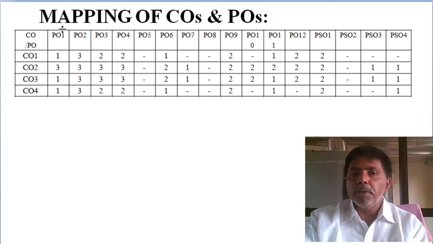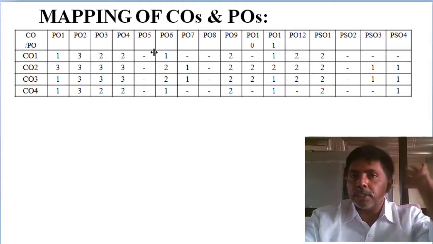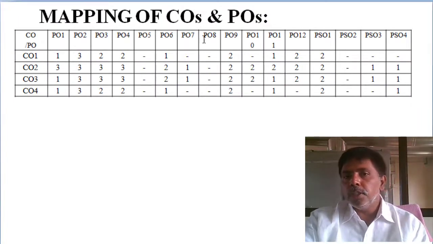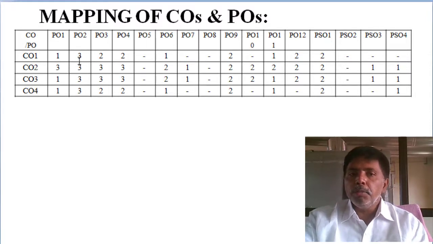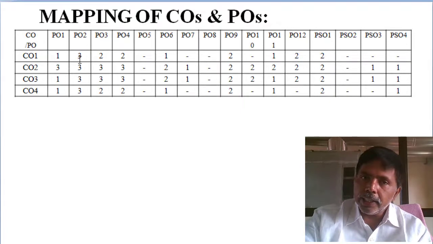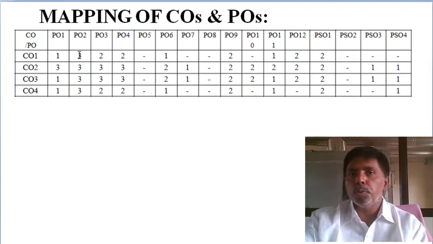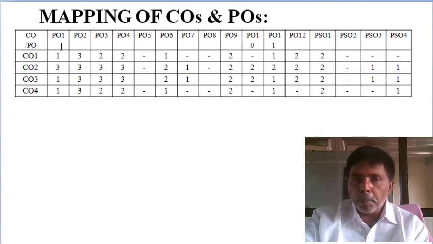You see, I gave the mapping before starting the subject, the COs and POs. With these four COs, I can achieve three, meaning strongly agreed, means total I can achieve PO2. What is PO2? Analytical skills, problem analysis, designing the solution, and evaluation, apply the knowledge.